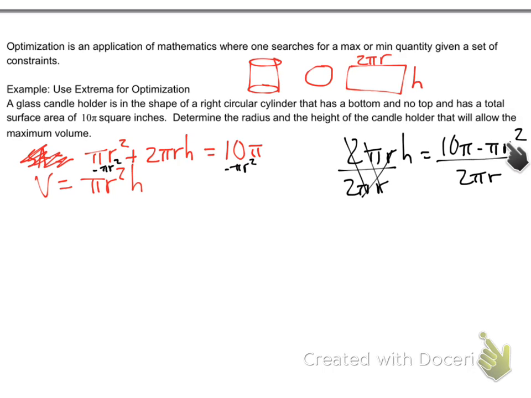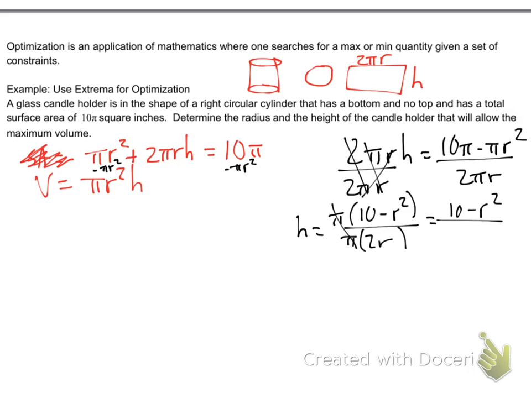But I think there's a pi in everything. So I could factor a pi out and then divide it out. Do you see that? So h equals pi times 10 minus r squared all over, put the pi out front, 2r. The pi's will cancel, leaving me with 10 minus r squared all over 2r. Hey, that's a lot better to look at than having the pi's in there.